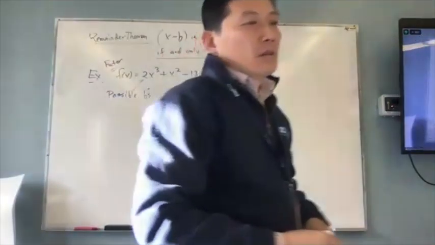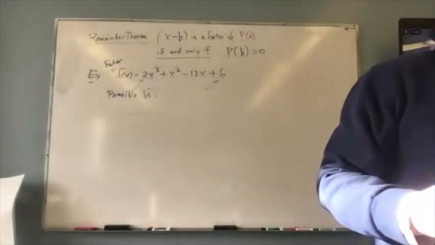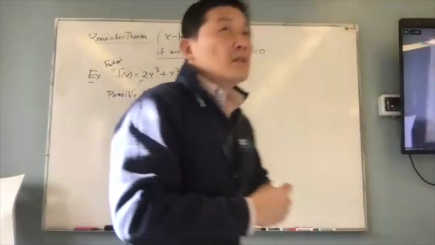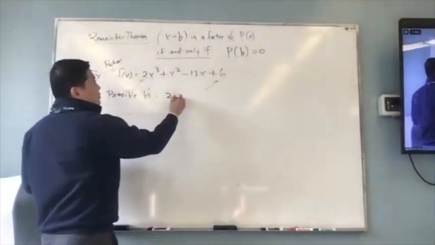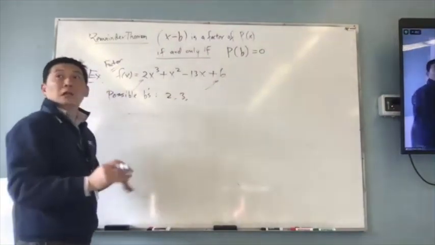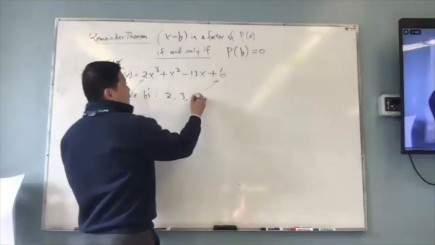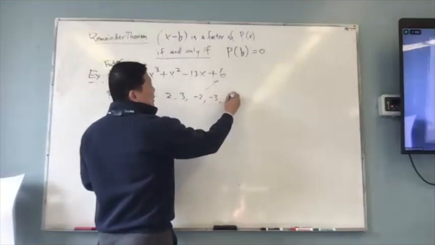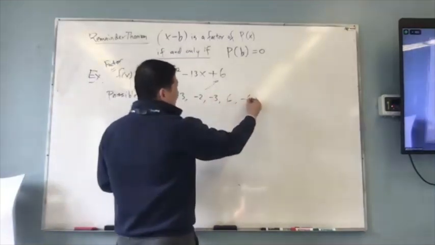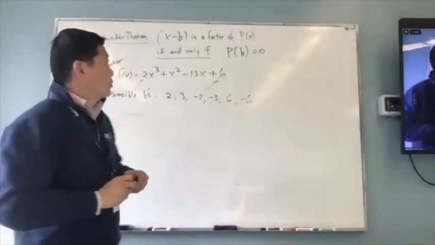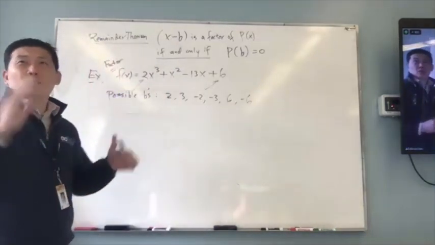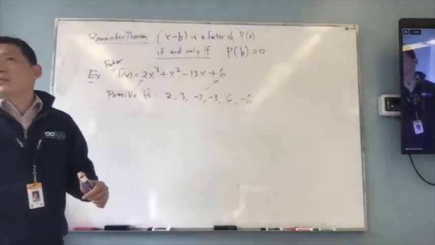Hypothetically, let's take b as equal to 2. So 2 is a possible factor, 3 is a possible factor, -2, -3, obviously 6, 1, -6, and so on and so forth. So there are multiple possibilities that you have to test out.